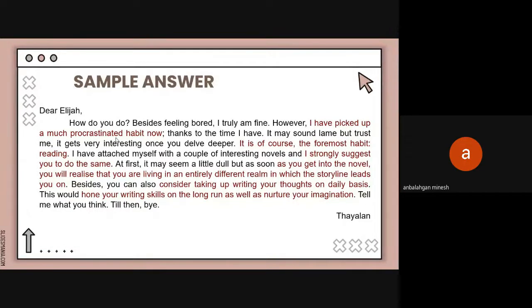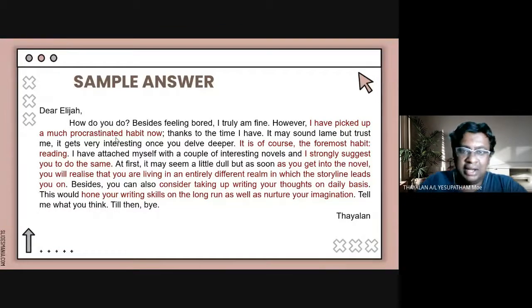Now next, delve. Next, foremost. Next, realm.